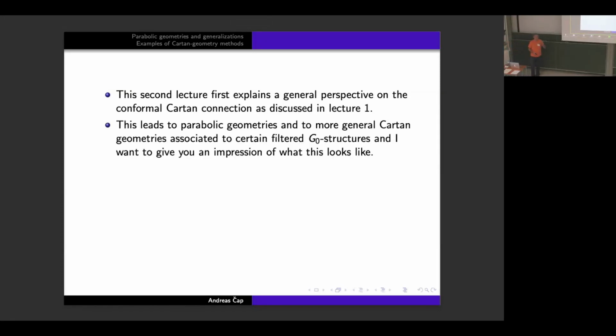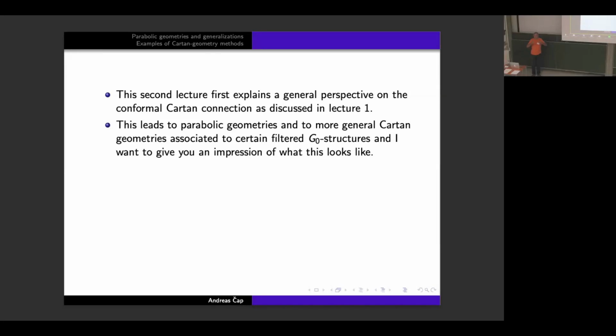Okay, and this leads to a general procedure for constructions of canonical Cartan connections. And as you can imagine from yesterday's lecture, this generalization is in a way surprising because it doesn't start from the structure that you want to describe, but it starts from the homogeneous model.